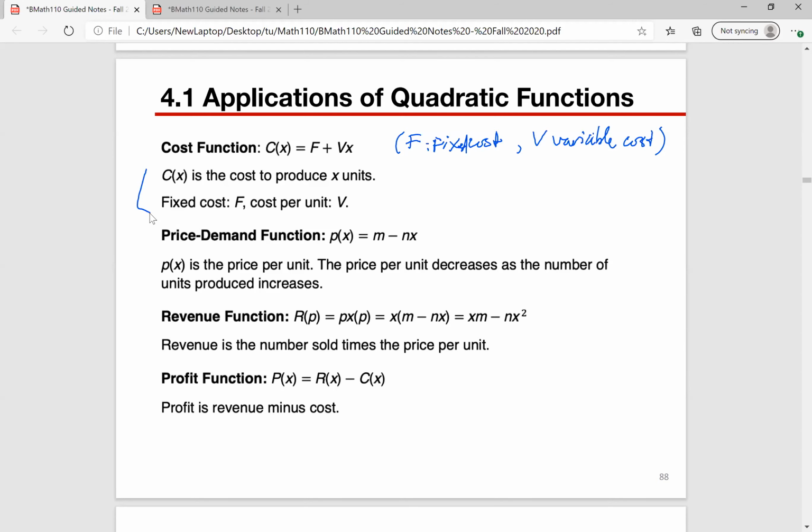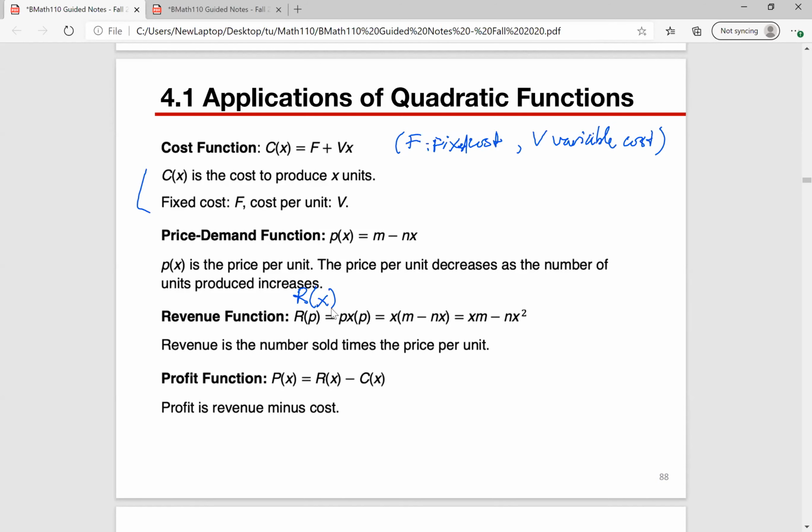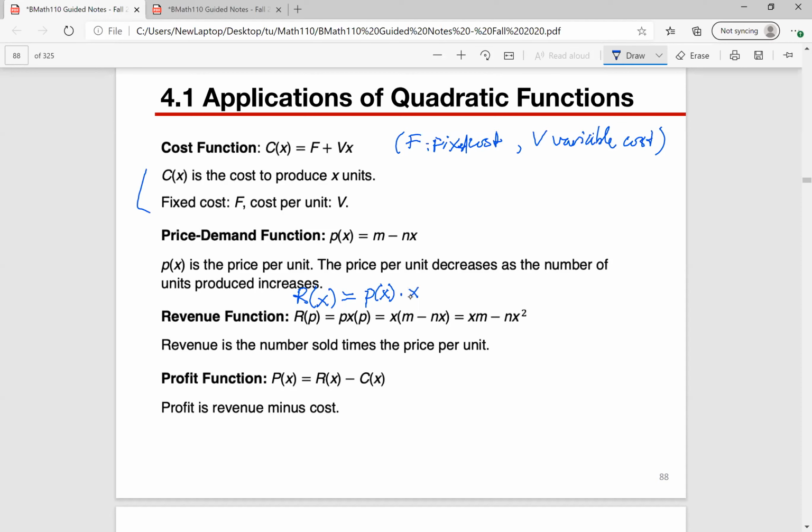Okay, then revenue function. Here it's R with respect to P, but I'm gonna write it as R with respect to x. And the revenue function is P of x times x.